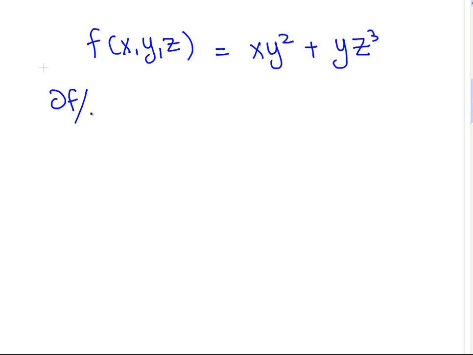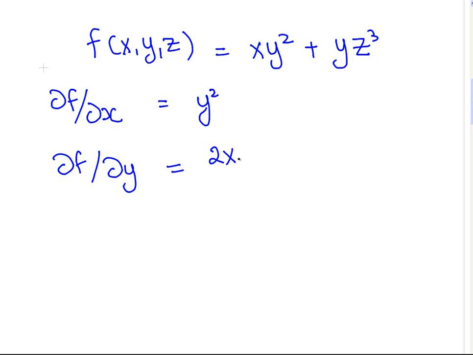Partial derivative of f with respect to x, that's simply y squared. Simple enough one there. Partial derivative of f with respect to y: let's look at this part here. It's 2xy, plus in the second part, yz cubed, that's simply z cubed.